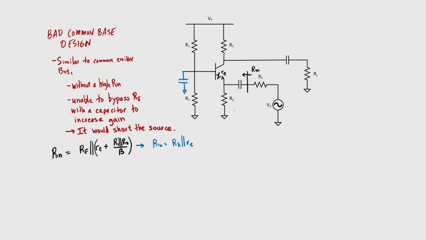Applying impedance reflection to an AC ground just results in an AC ground. Since little r sub e tends to be a small number, we can usually approximate the entire input impedance as just r sub e. The conclusion is there's no two ways about it. The input impedance for a common base configuration is super small.